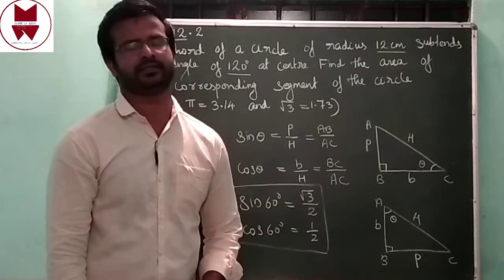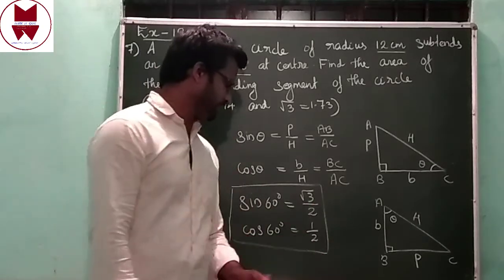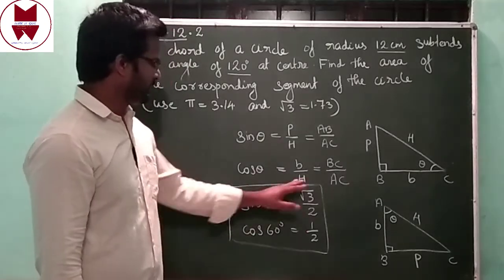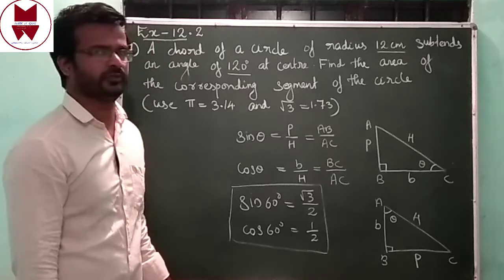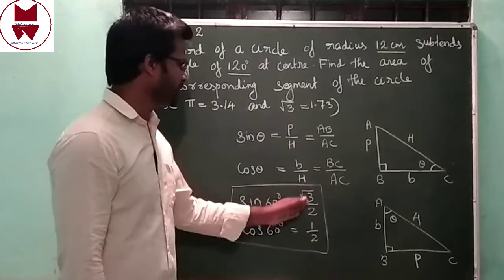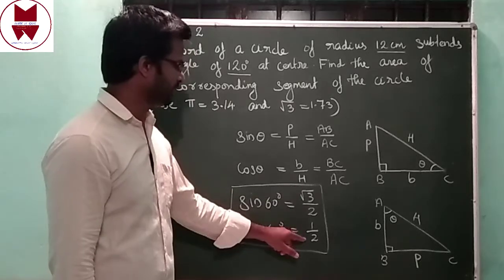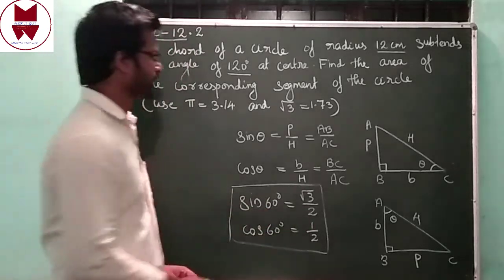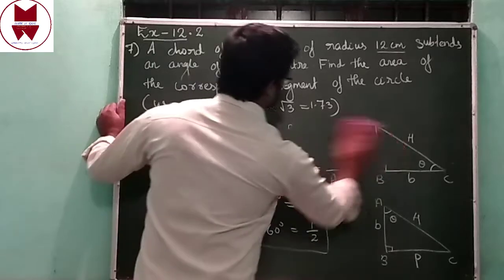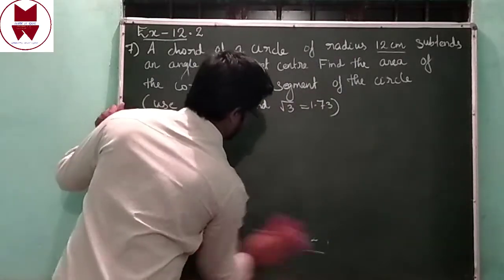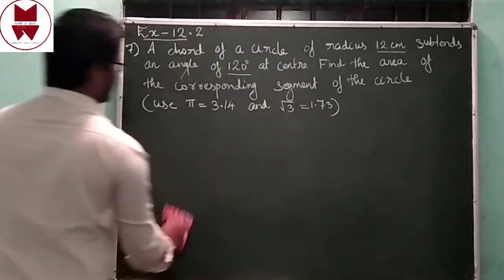They were already studied in trigonometry, but those who have not studied that chapter can just remember these two values: sine 60 equals root 3 by 2, cos 60 equals 1 by 2. We will use these two values in this question. Okay, now we can start.